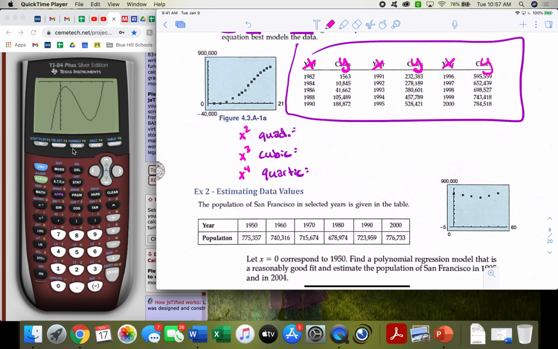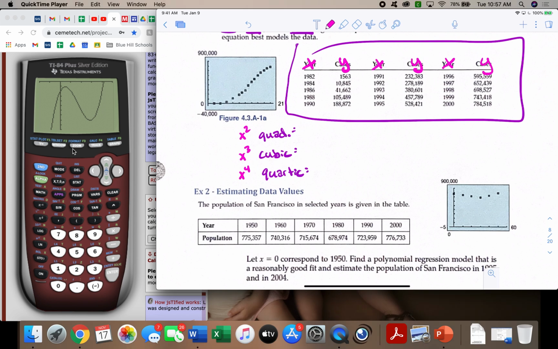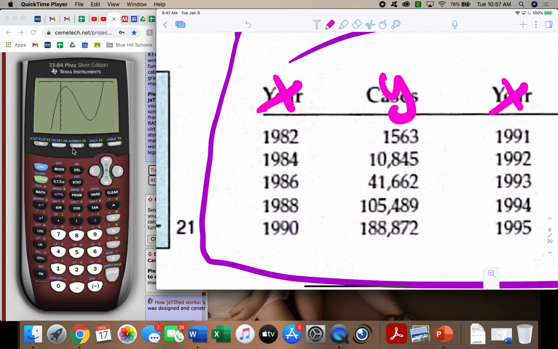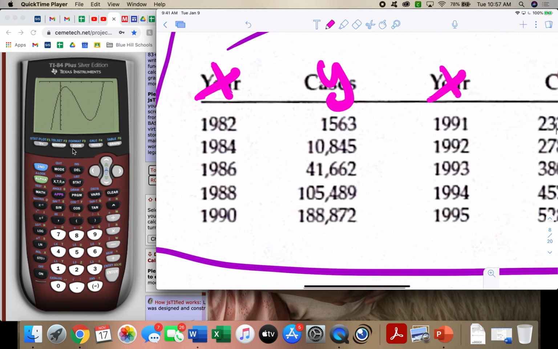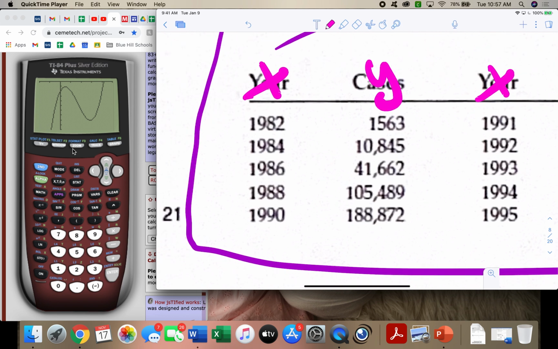The x's and y's, we're going to enter those into our calculator, but sometimes it is faster and easier, instead of listing this first one as 1982, to give it year 0 or year 2. So let's decide how we want to identify each one of these years. Do you want to call 1982 year 2, maybe, to make it easier?